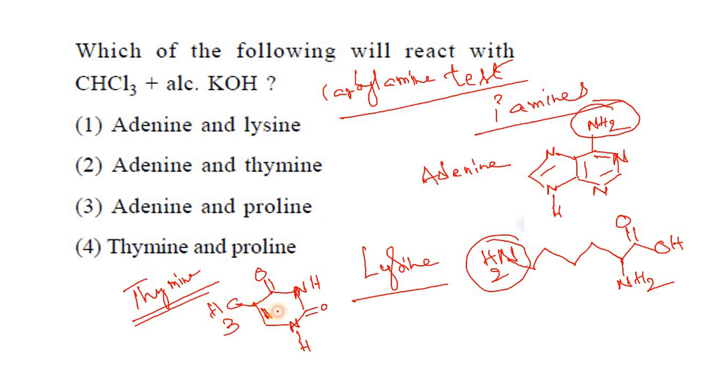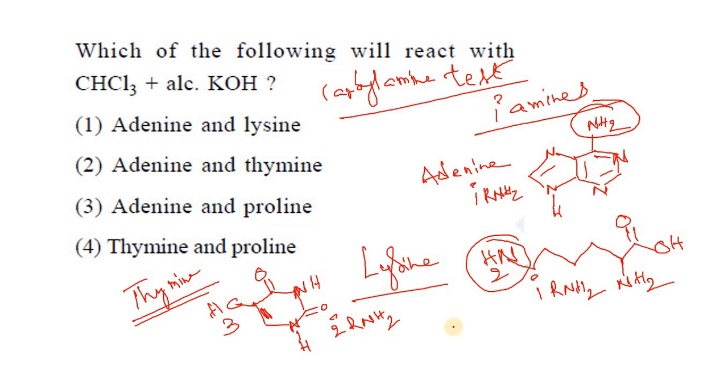In this case, there is no primary amine. Here you have primary amine or NH2, and here also you have primary amine. In this case, there is no primary amine. Here you can find secondary amine.